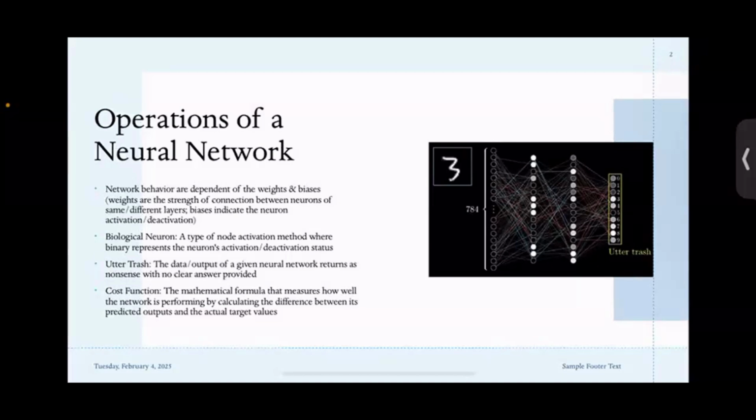Now, the cost function is the mathematical formula that measures how well the network is performing by calculating the difference between its predicted outputs and the actual target values.